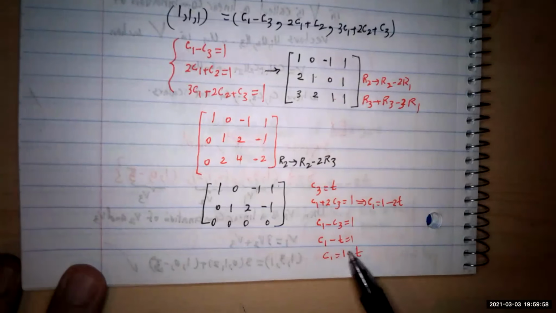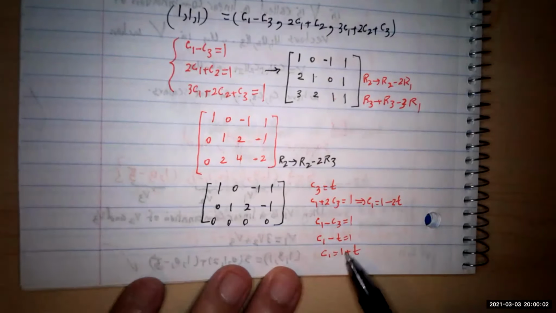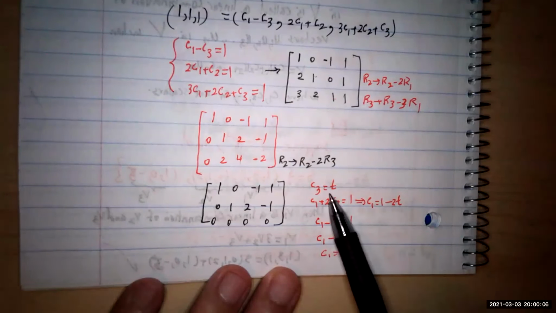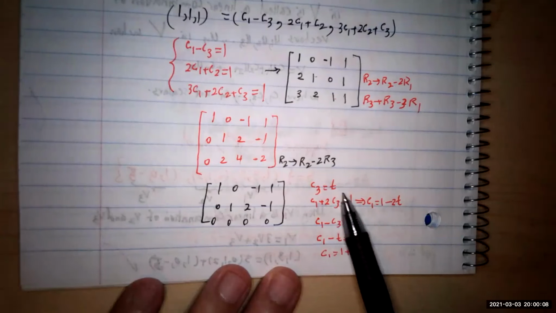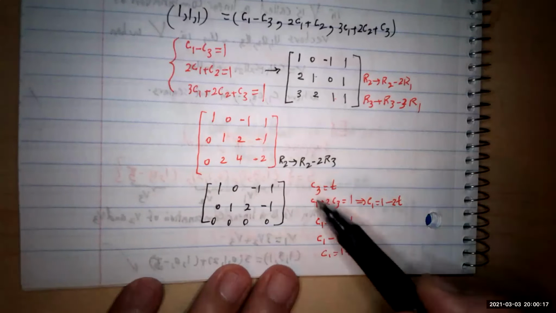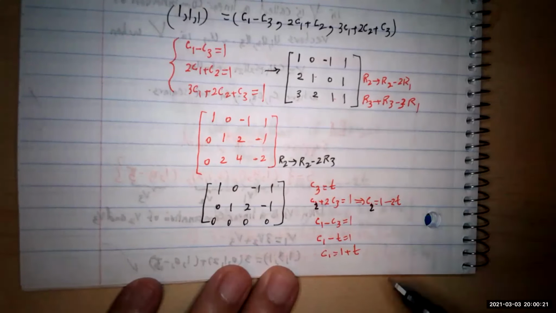So basically what you have is that I already got the C1. So C3 equal to T, okay? The C1 is equal to 1 plus T, and this must be the C2, yes? That's the C2, of course.